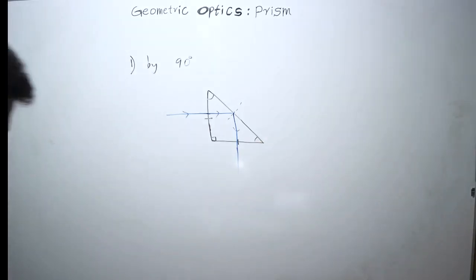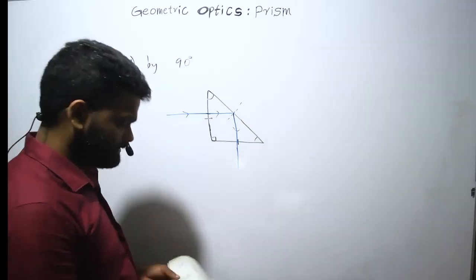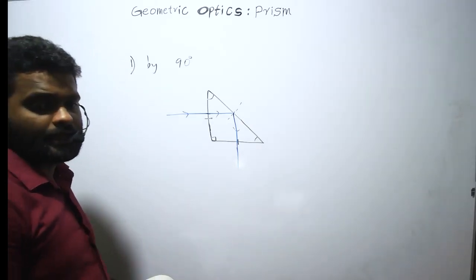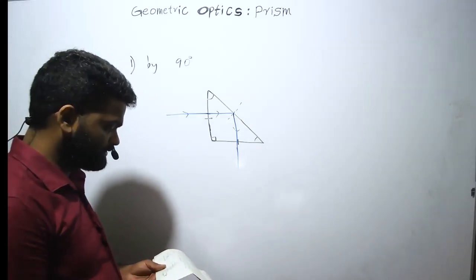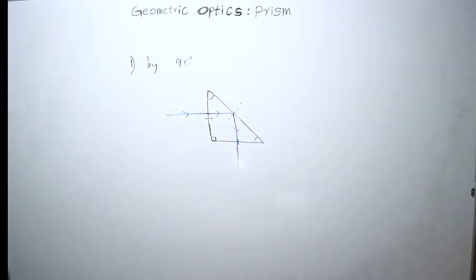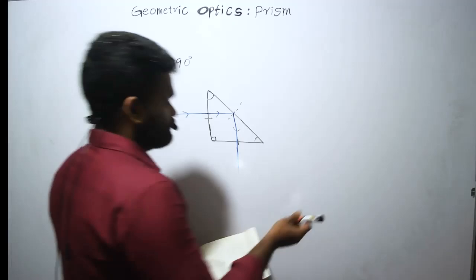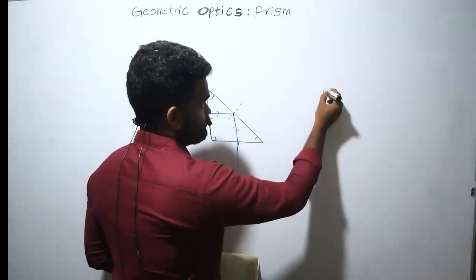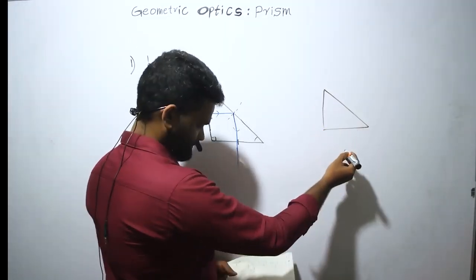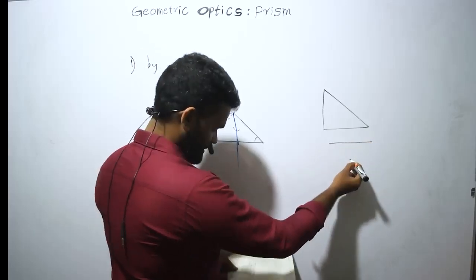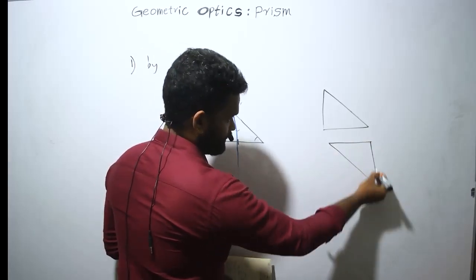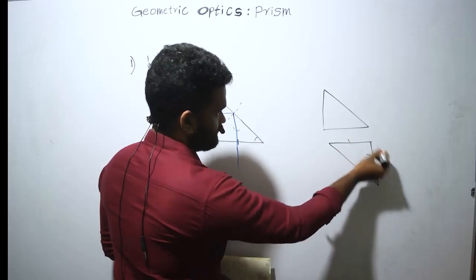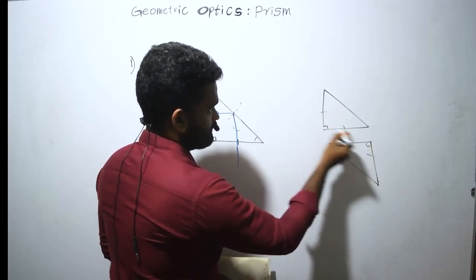Take it down. Then we can do this one using this method as well. If you use two prisms like this, one like this, another one like this, both are isosceles 90.